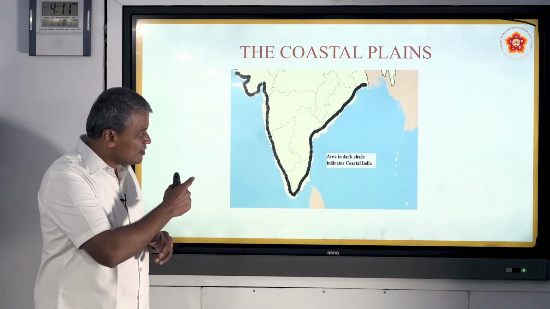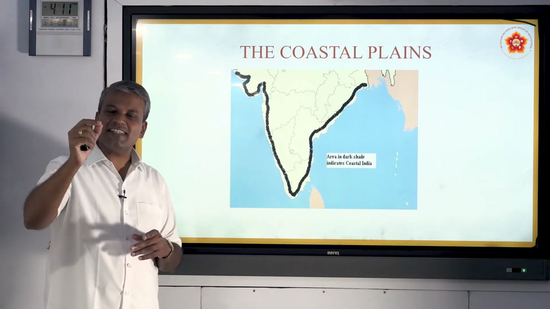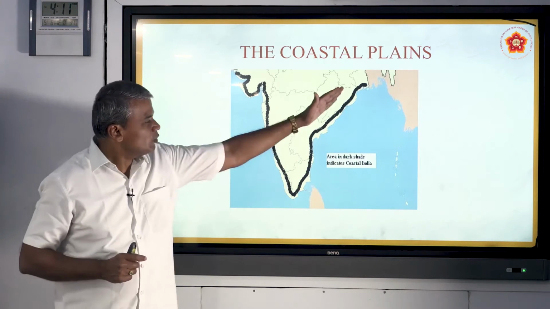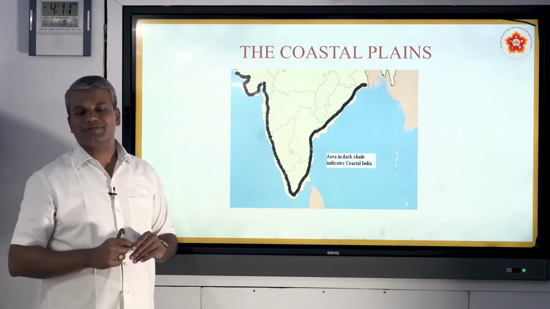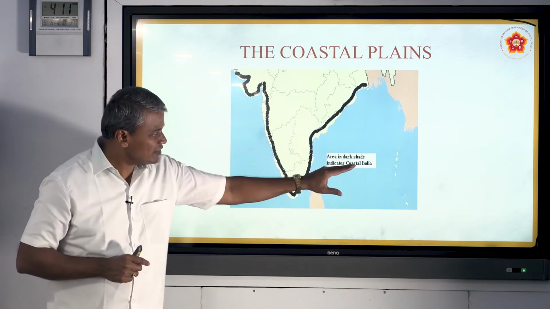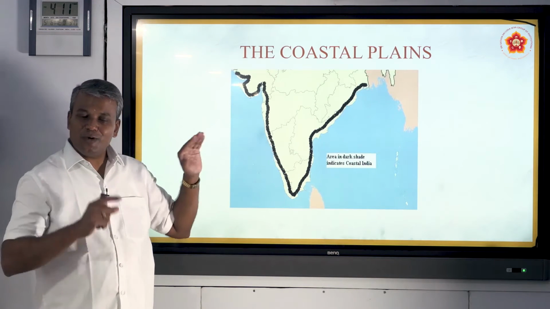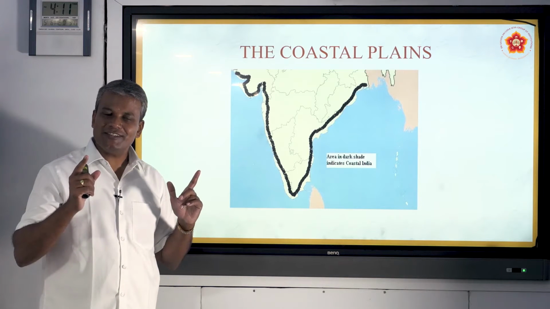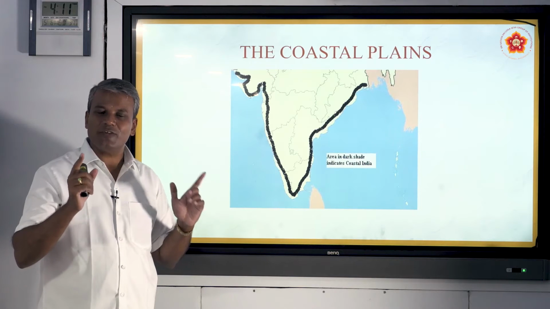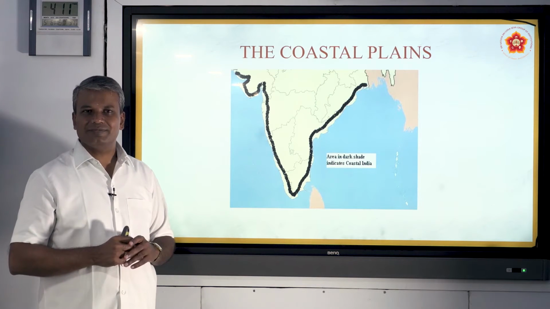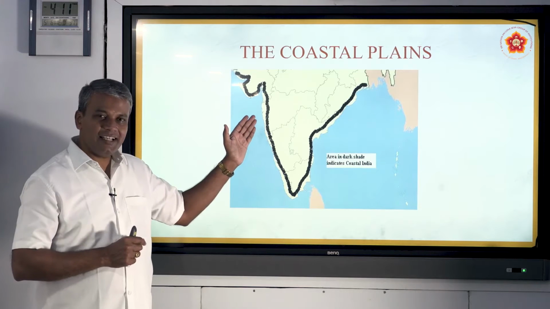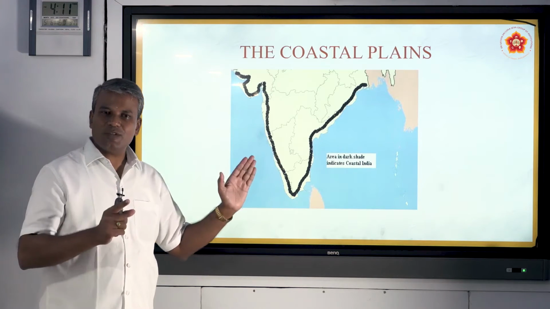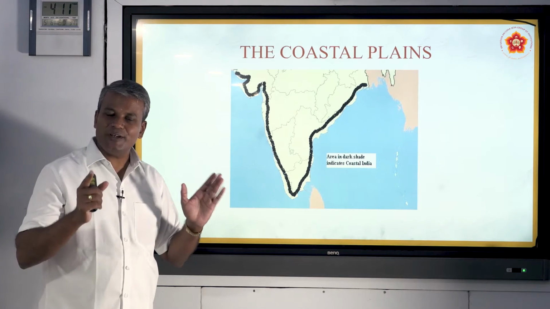The water frontier is about 6,100 kilometers. Including the Andaman Nicobar and Lakshadweep Islands, it is 7,516.5 kilometers. India has got a long indented coastline of about 7,516.5 kilometers.